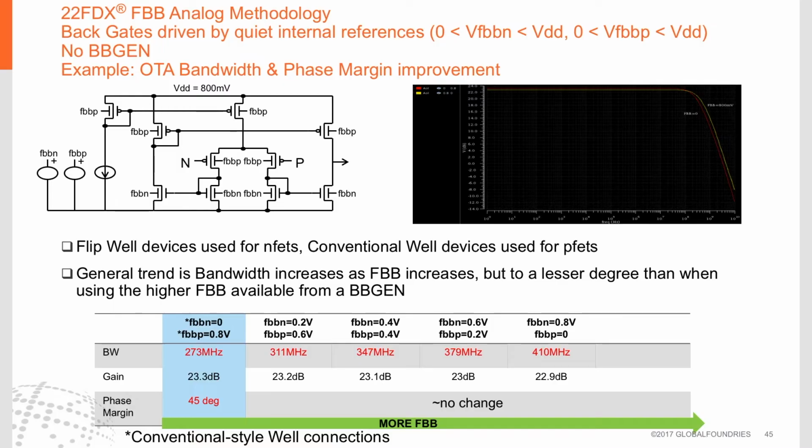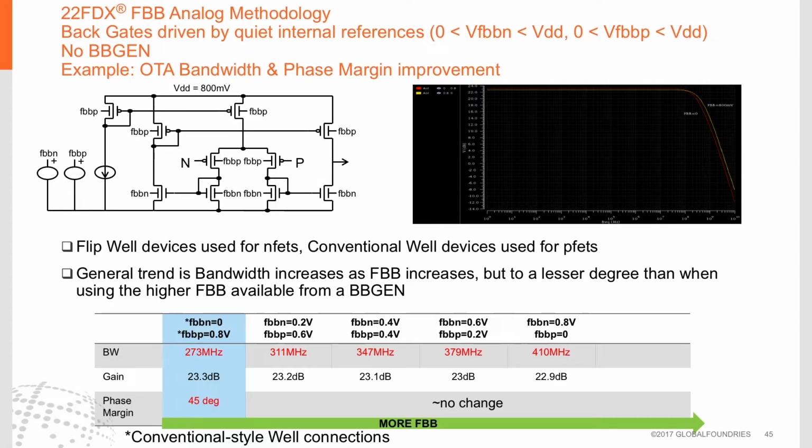In the previous example, forward backgate biasing was plus and minus 2 volts, but that may not always be available. So if the only voltage available to you is the supply voltage of 800 millivolts, you can still apply forward backgate biasing, but it'll be restricted to, in this case, the 800 millivolts supply. The bandwidth, again, is still observed to increase while the gain and the phase remain relatively flat.